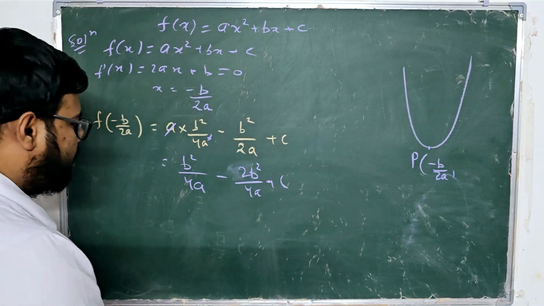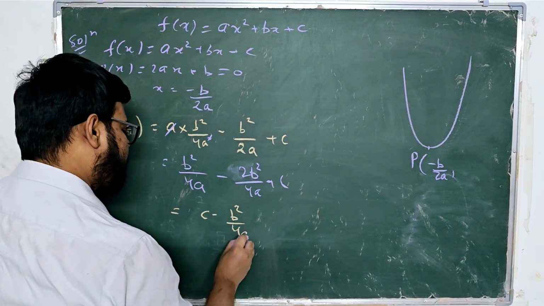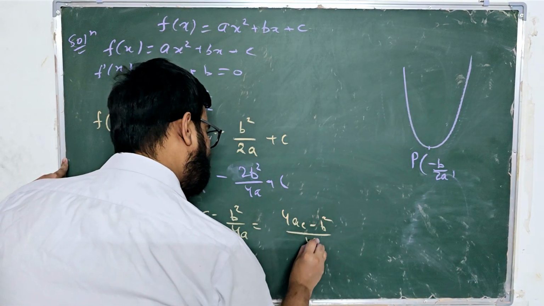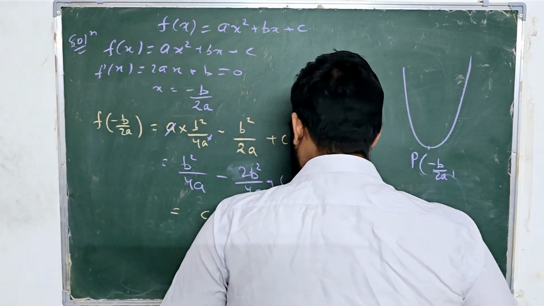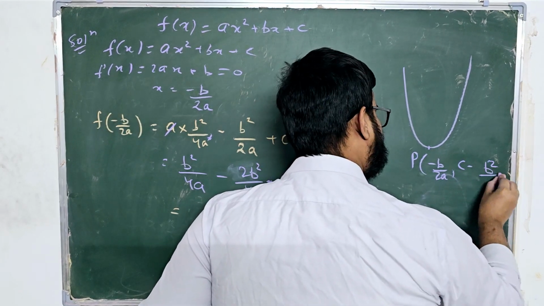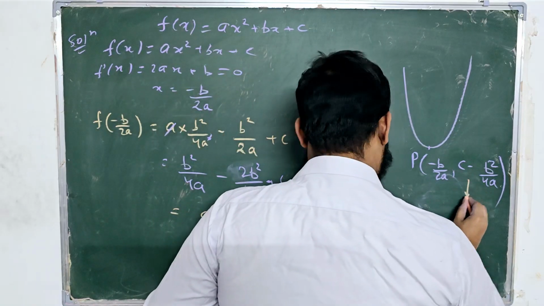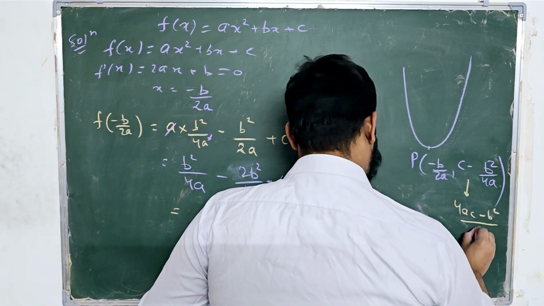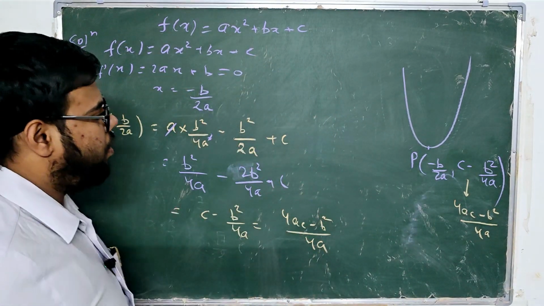So this is equal to c minus b square by 4a, which equals (4ac minus b square) by 4a. Either you can write c minus b square by 4a, or you can write this whole expression, 4ac minus b square by 4a. Whatever you want, you can write. Now let me erase this and then let's solve further.